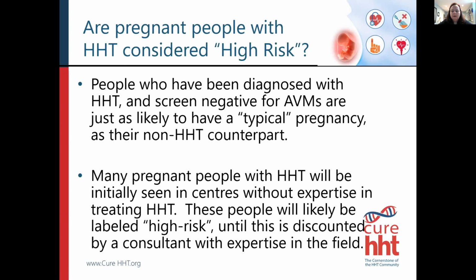And this is going to be exacerbated if you have a pre-existing condition which can lead to things like nosebleeds and anemia. So that's going to be a big thing to address with the obstetrician or other healthcare provider who's taking care of you. And that's if you don't have any other vascular malformations.